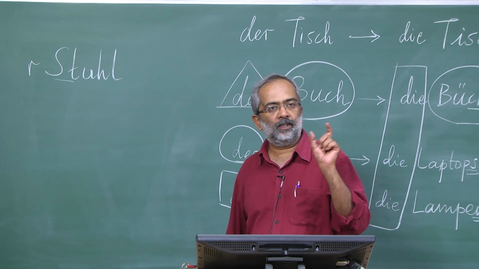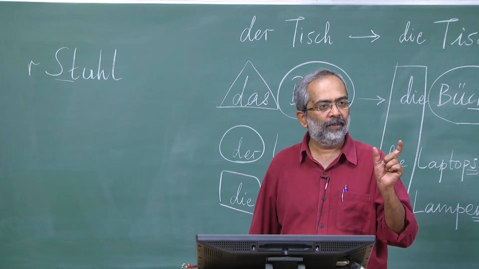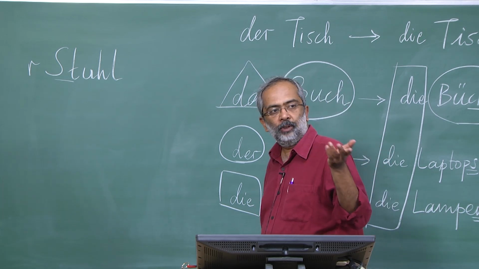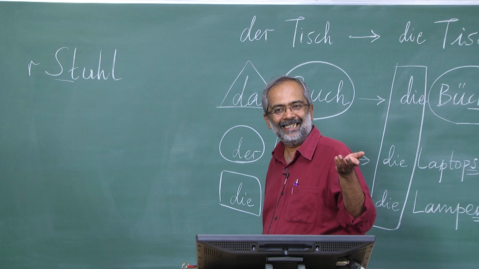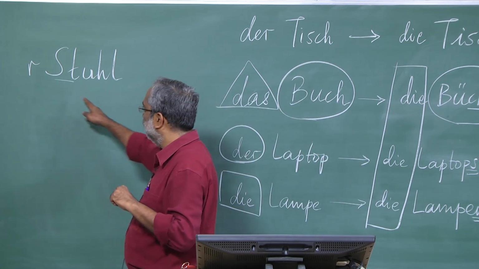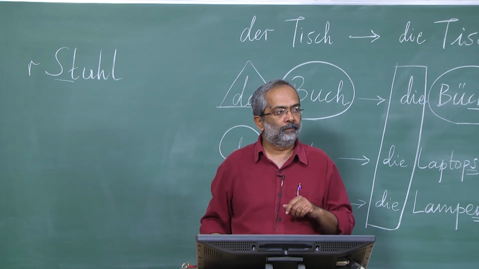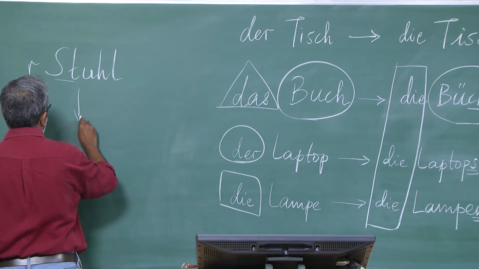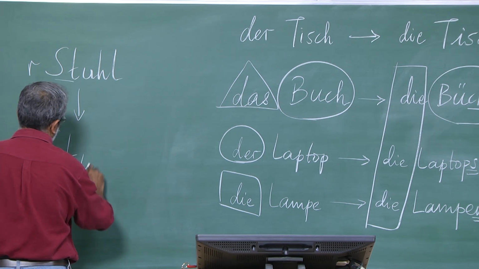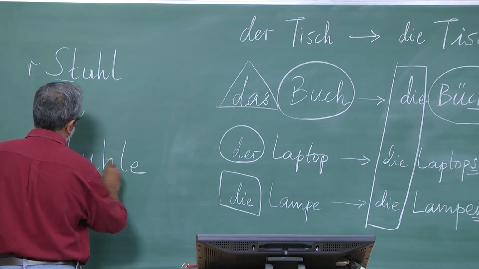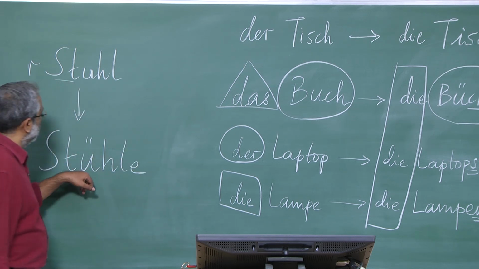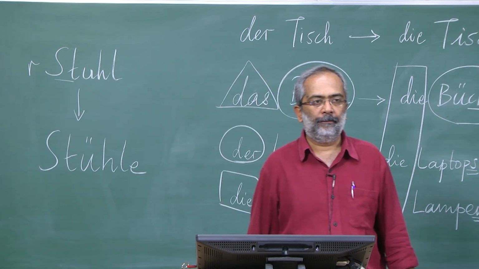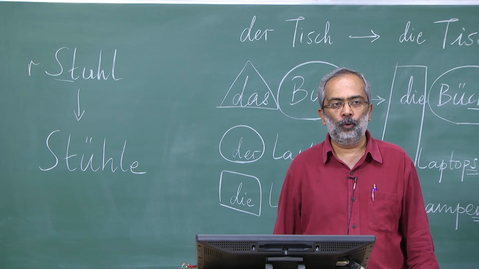So ST and SP, if a word begins with that combination, it's a sh. Student, studieren, Sprache, sprechen. Similarly, der Stuhl is a chair. Die Stühle. Der Stuhl, die Stühle.